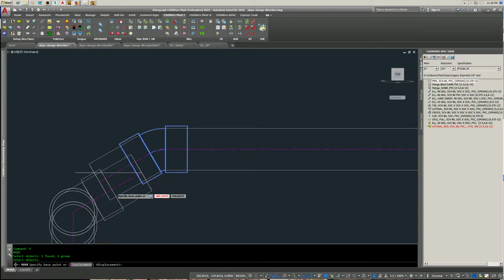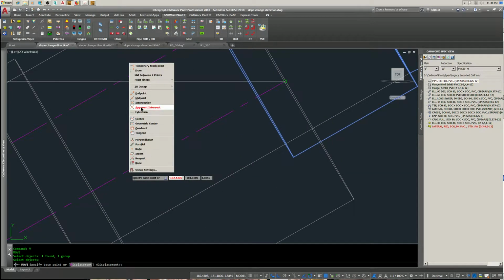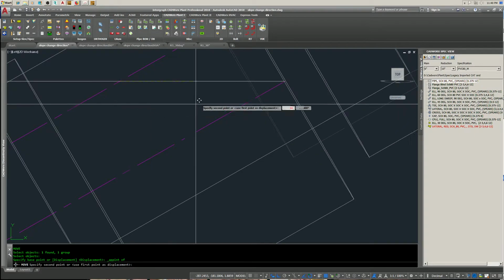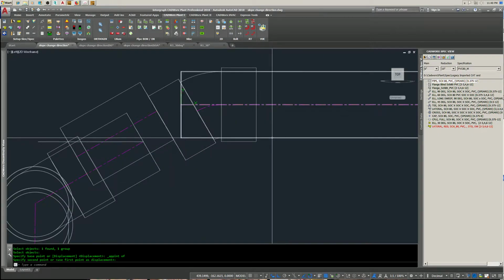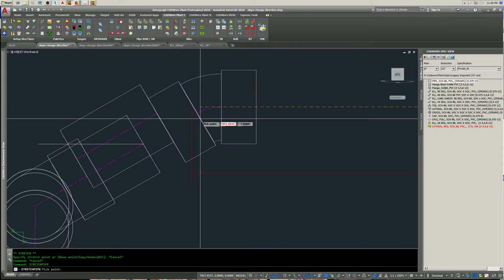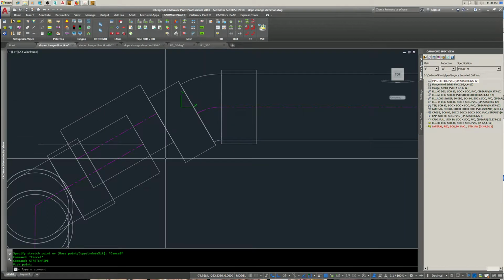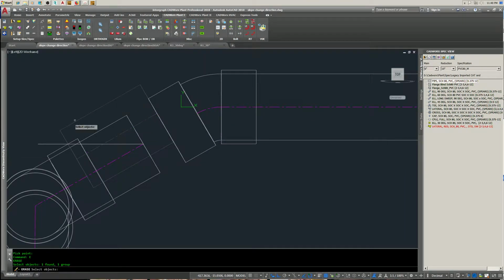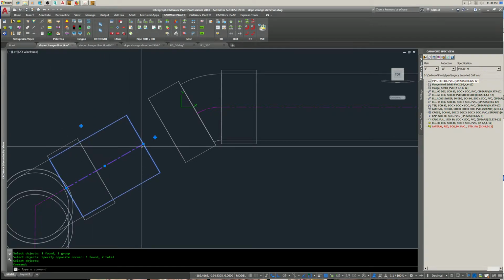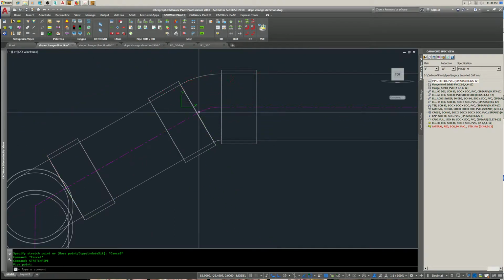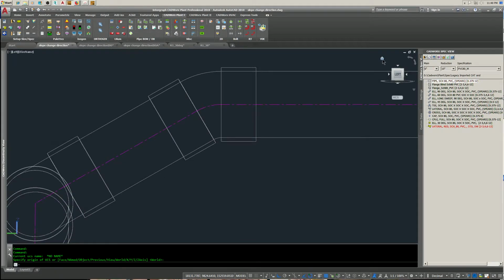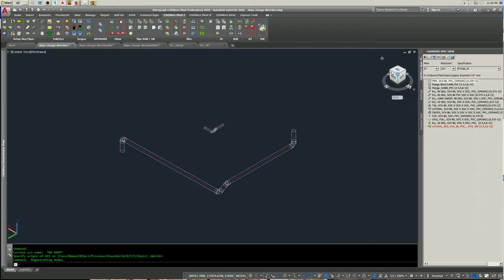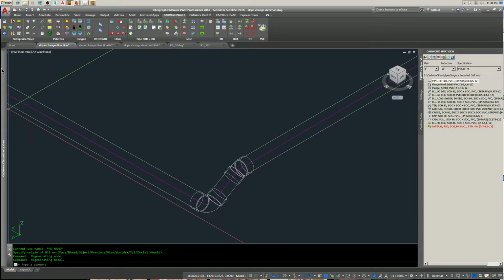Just that. Now let's see how it turned out.